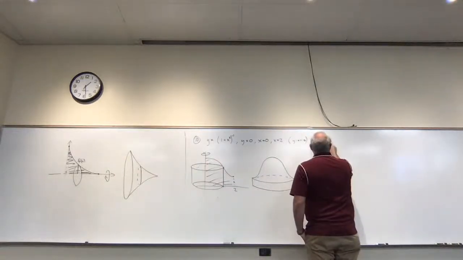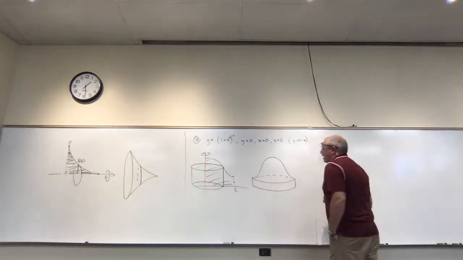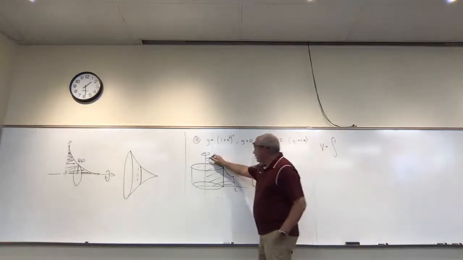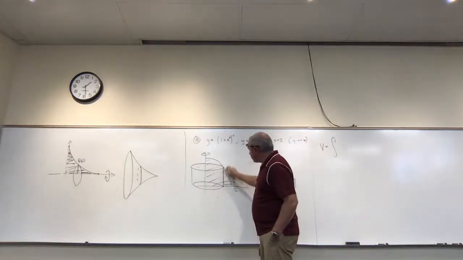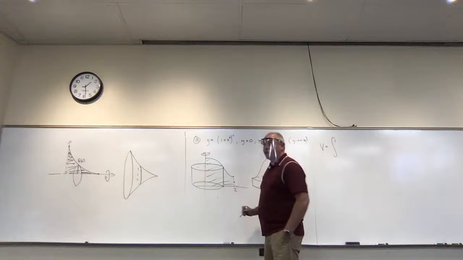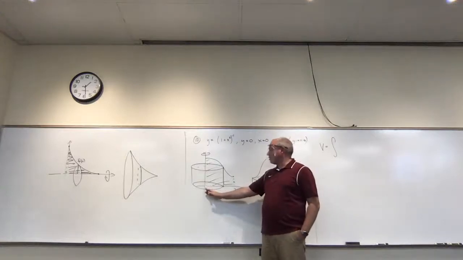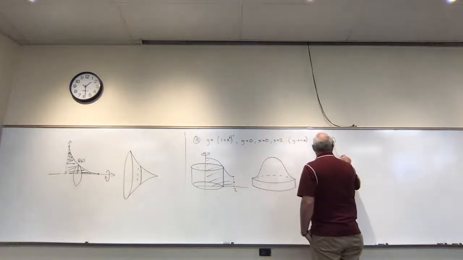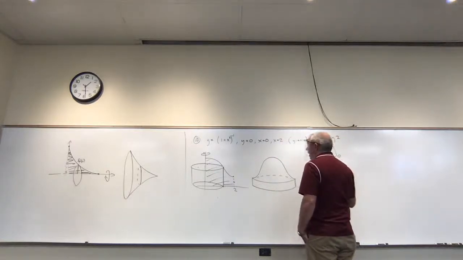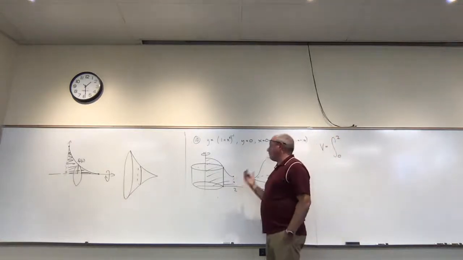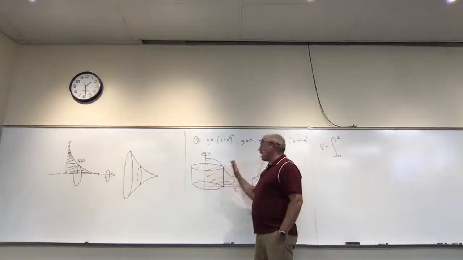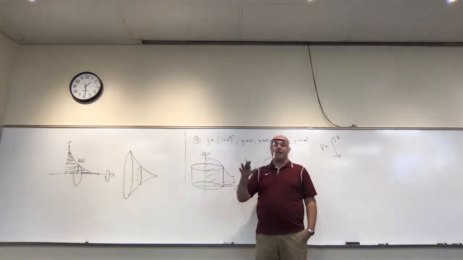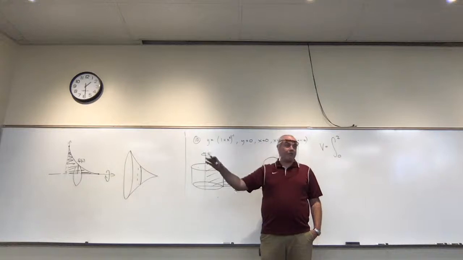So my volume is equal to the integral. I start cutting at an x, and I stop cutting at an x. So where do I start? 0, I end at 2. So 0 to 2. Now what was the method? I said it was a shell. So shell tells me I need to put in 2 pi r h.